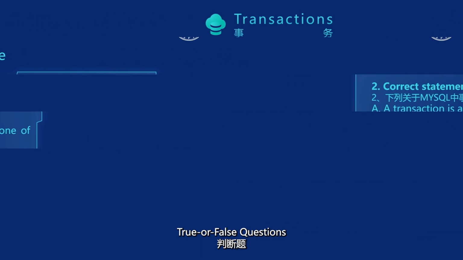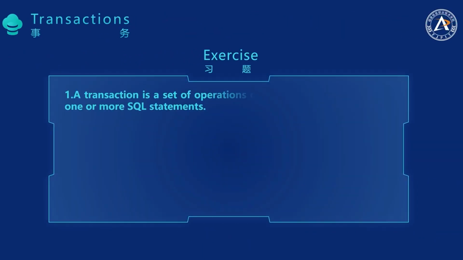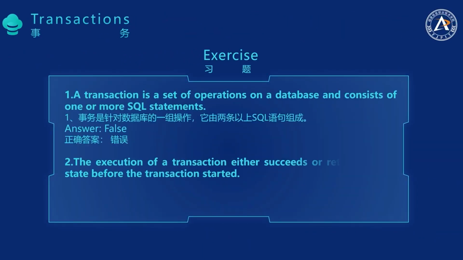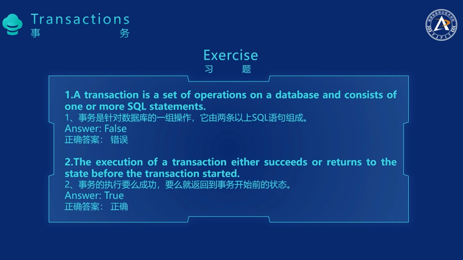True or false questions. First, a transaction is a set of operations on a database and consists of one or more SQL statements. Answer: false. Second, the execution of a transaction either succeeds or returns to the state before the transaction started.